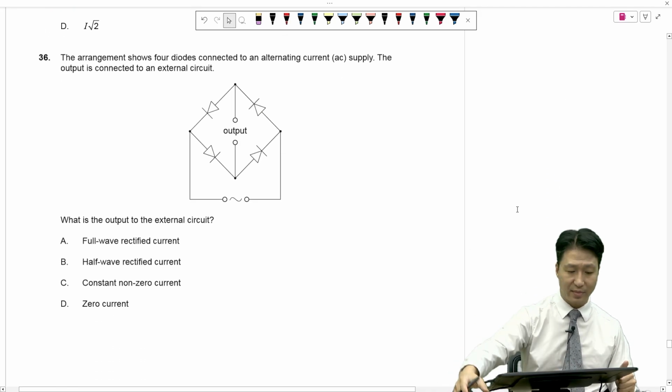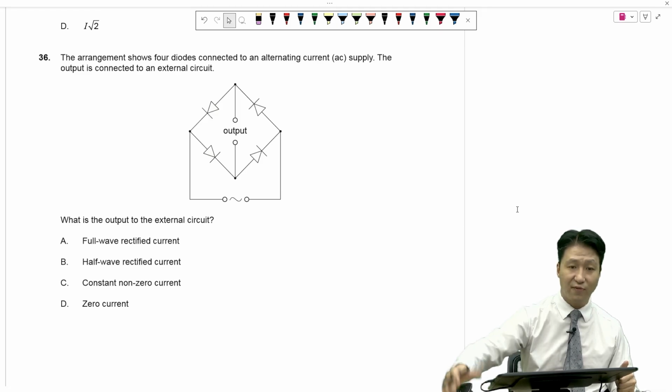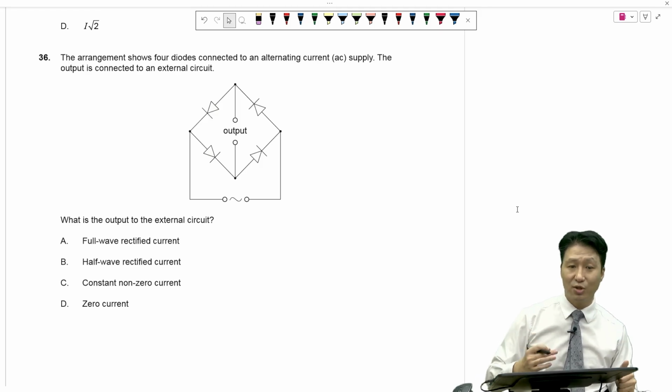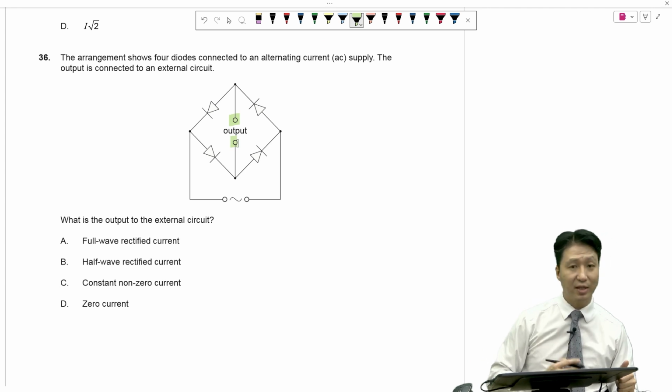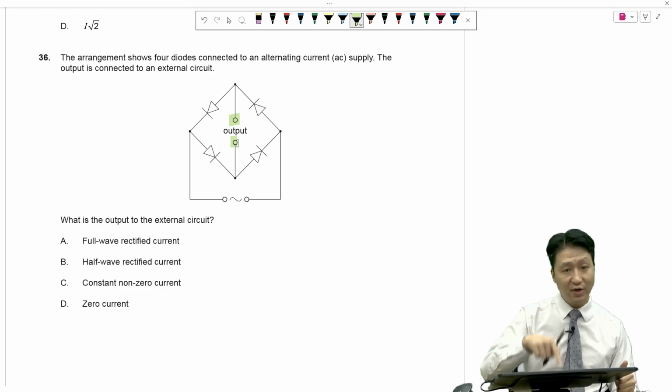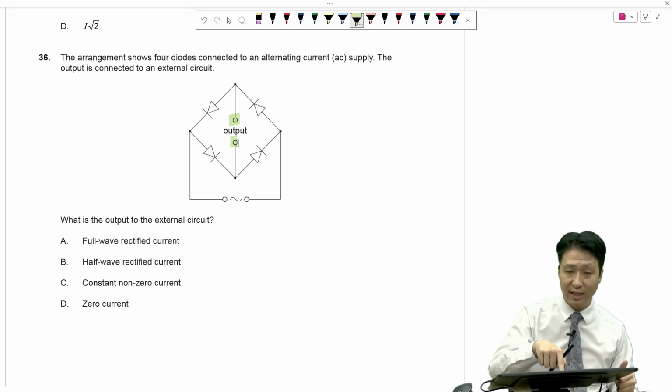Number 36, the arrangement shows 4 diodes connected to an alternating current AC supply. The output is connected to an external circuit. So here, you can think of these 2 points as being the plugs, right? Now, if you've done the class, you'd know there's a very simple way to know what the direction of the diode should be. All the diodes should be pointing towards one side, and that side is where the current goes out.